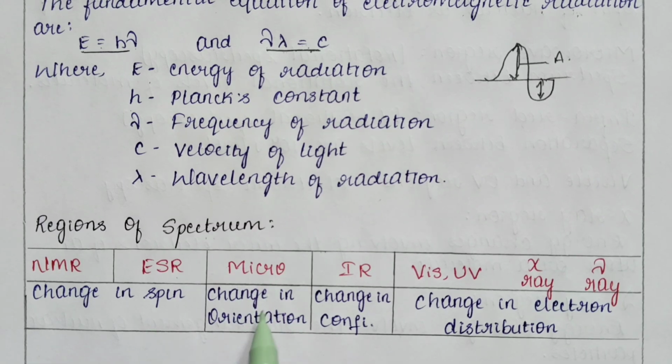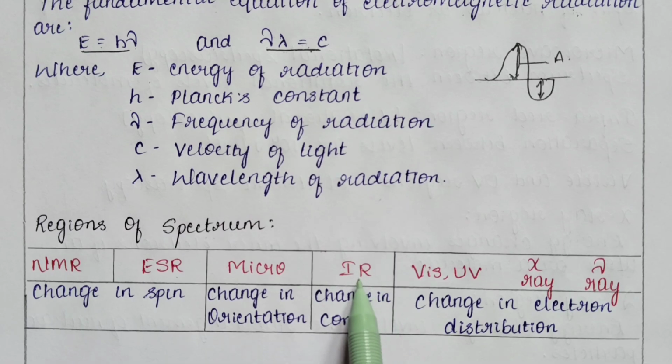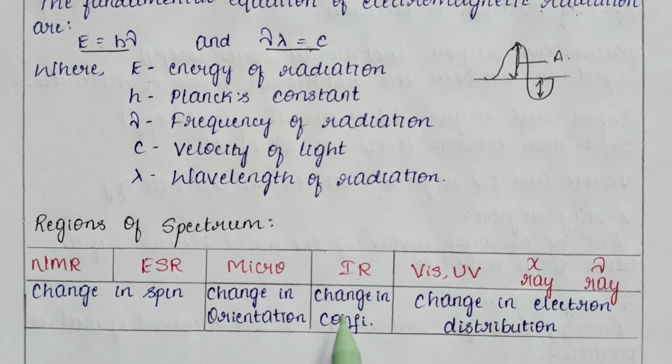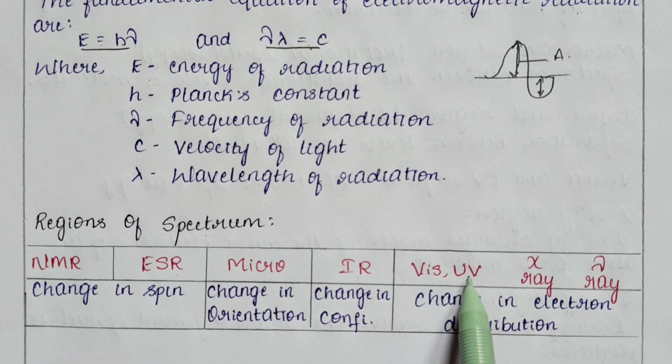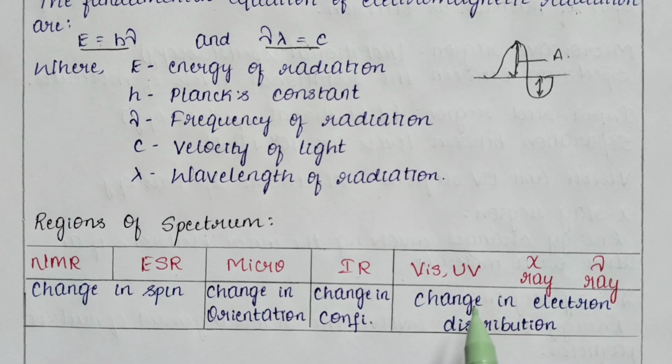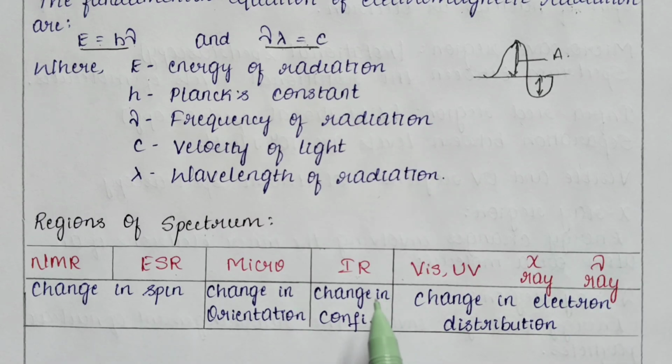In IR spectroscopy, that is infrared spectroscopy, we can study the change in configuration. Using UV visible spectroscopy along with X-ray and gamma ray, we can study the change in electron distribution. All these studies we will cover in depth in our further videos.